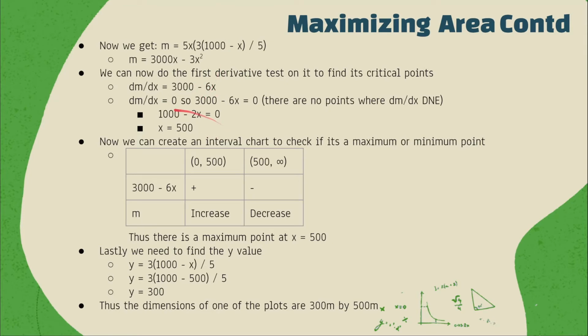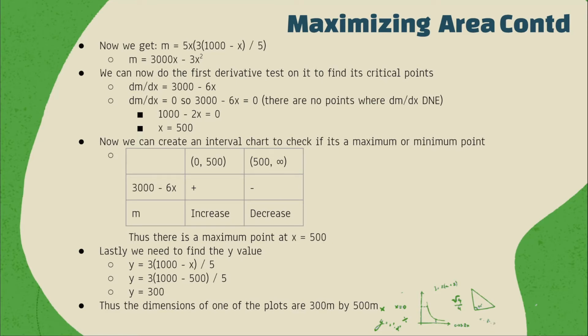So now we get this equation here. We could divide this by 3 and we get 1,000 minus 2x is equal to 0, so x is equal to 500. We found an x value, but we do not know whether or not it's a local maximum or a local minimum. So let's classify it as we did before.